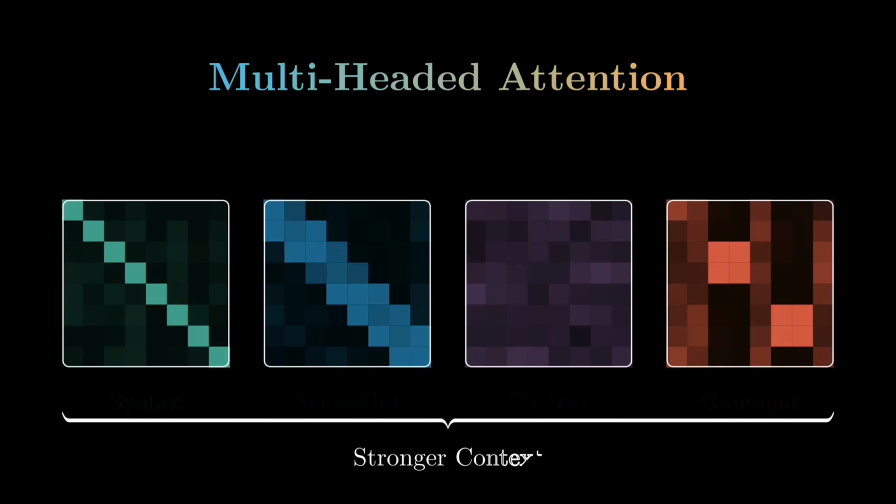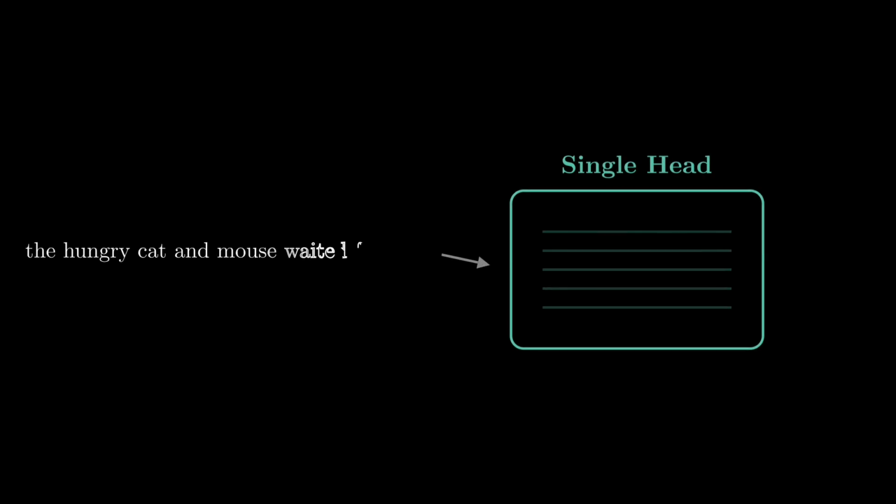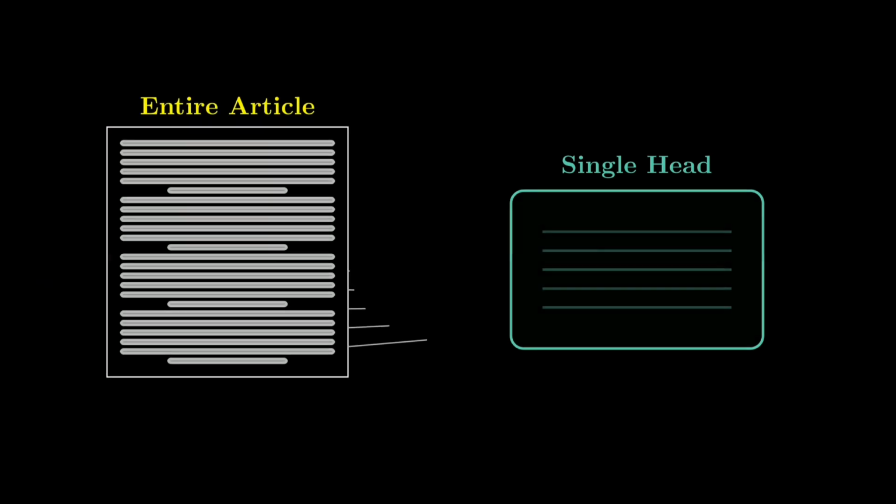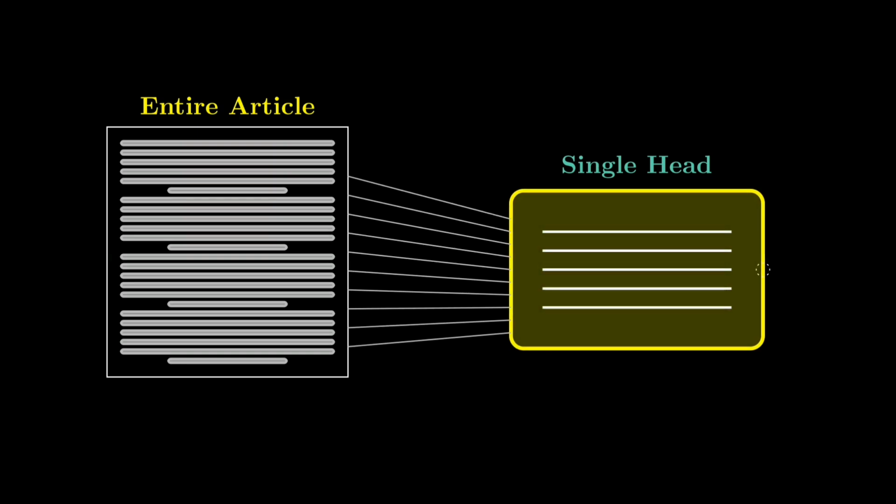But before moving on to multi-headed attention, let's take one more case to deepen our understanding of the single head of attention. So far, we've only seen how a single head works on short sentences through small, simple context. But attention is far more powerful than that. It can work on much bigger context too, like an entire article.